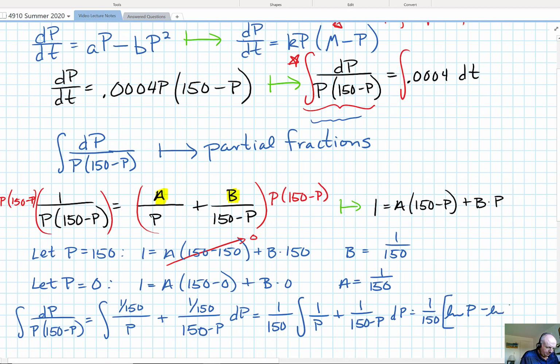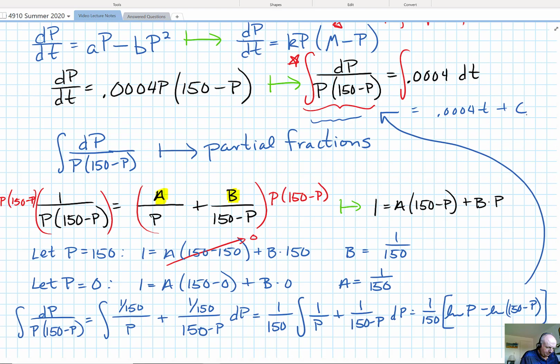Minus ln of 150 minus P. And that's the left side. That goes right here. And this right side is 0.0004 t plus C. And then we can proceed from there to figure out what P is.